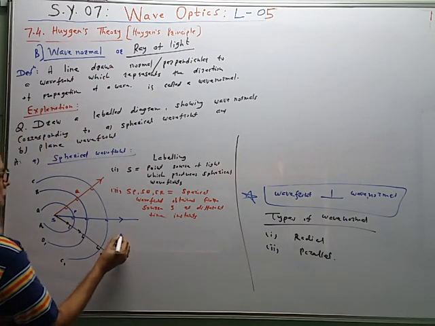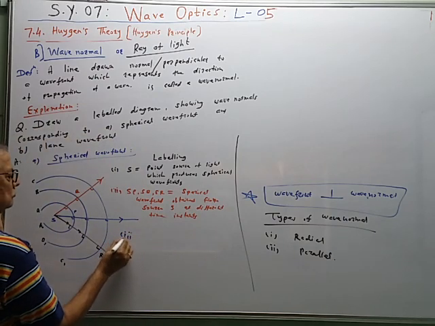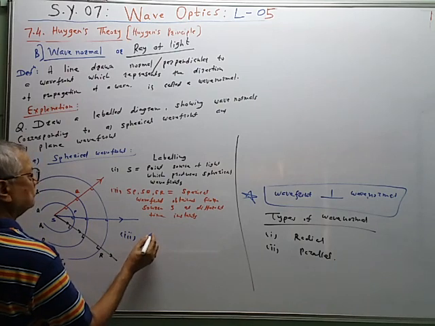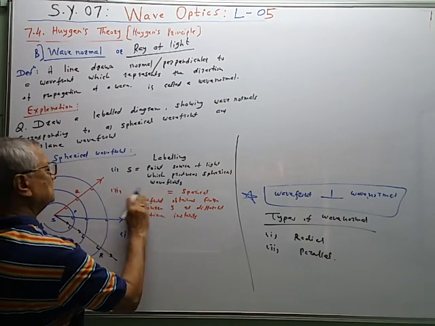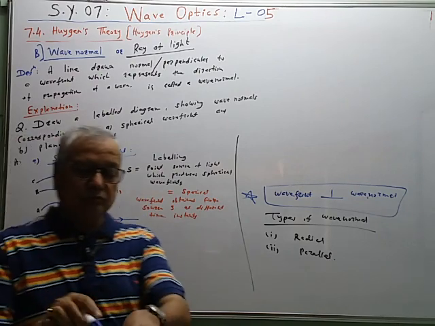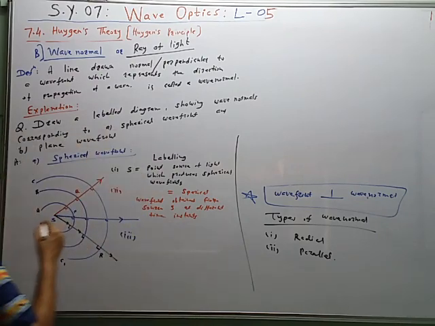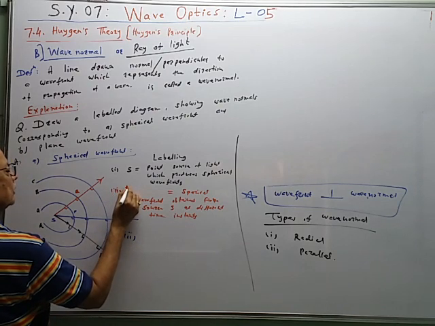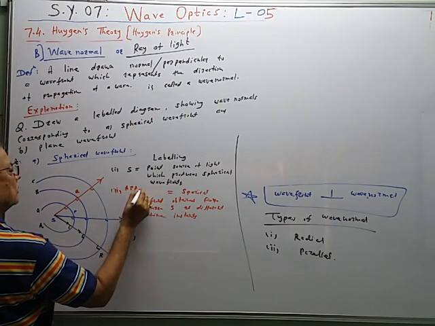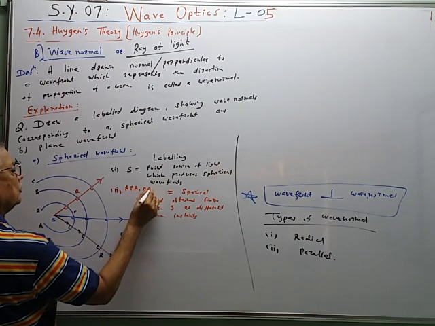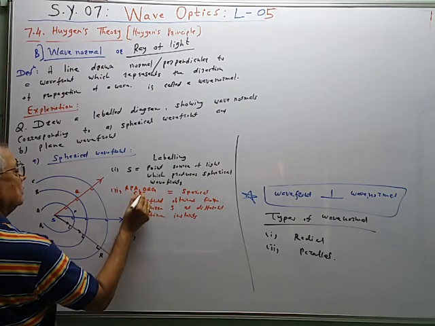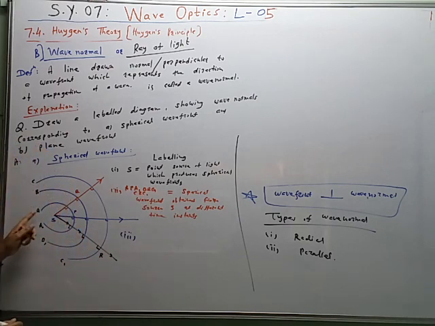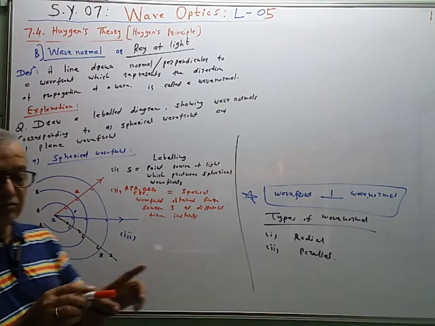Third, the wavefronts have names. A, P, A1, B, Q, B1, C, R, C1 are the spherical wavefronts. This is one spherical wavefront, this is another spherical wavefront, and this is the last spherical wavefront.